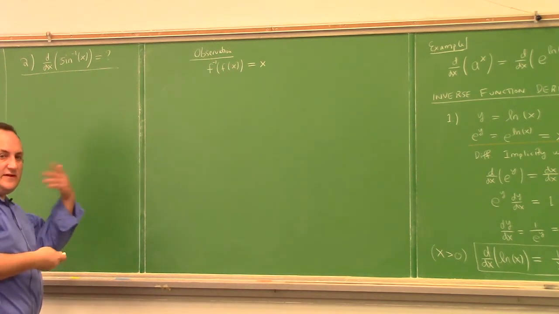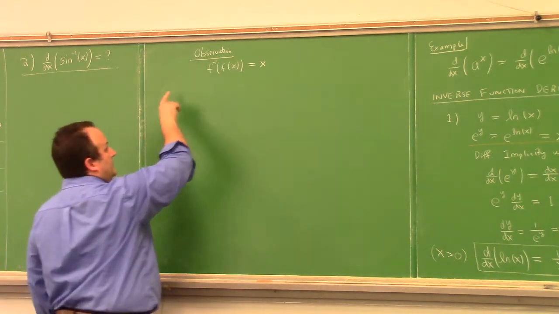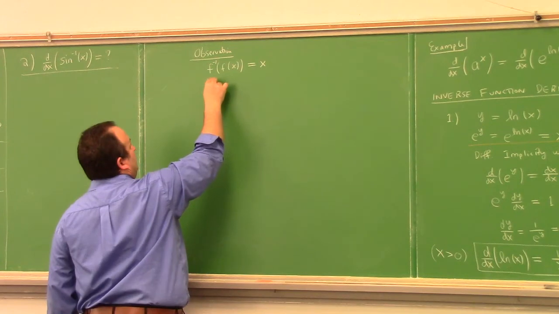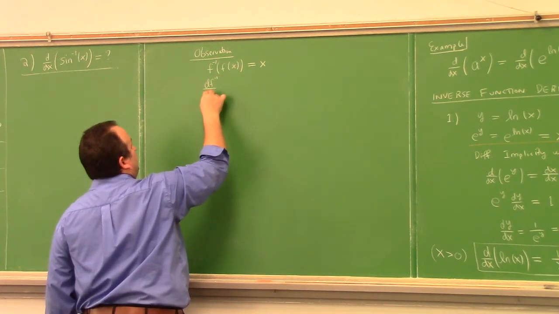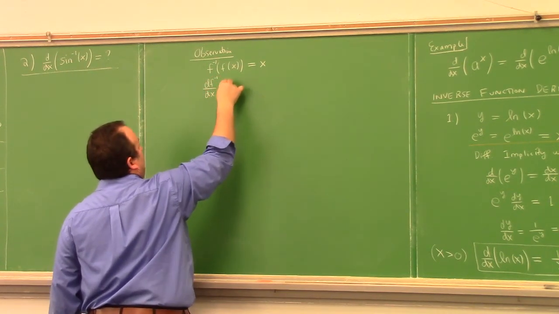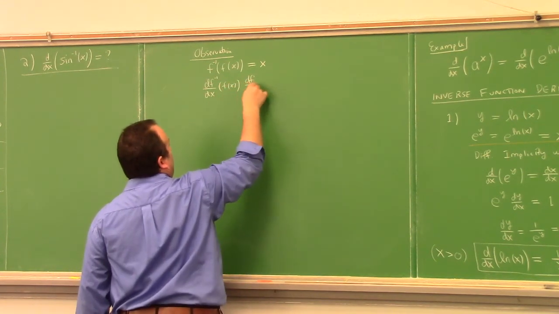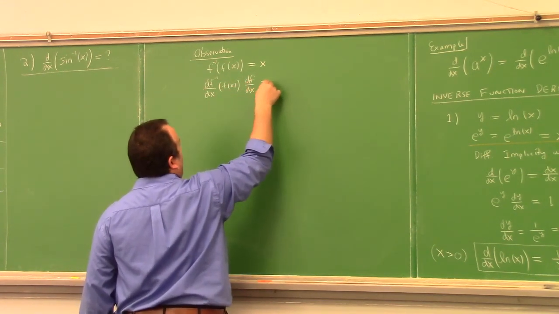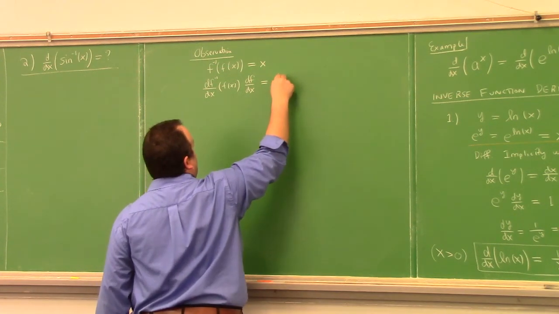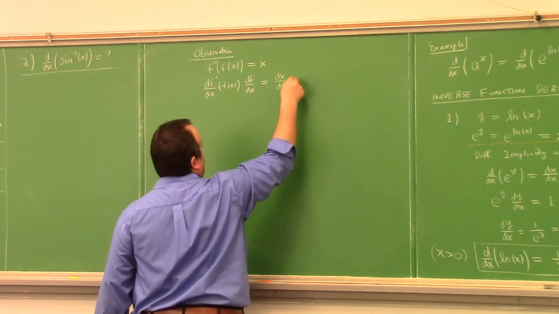What happens if you differentiate this? We get d f-inverse/dx at f of x times df/dx equal to what? Well, dx/dx, which is 1.